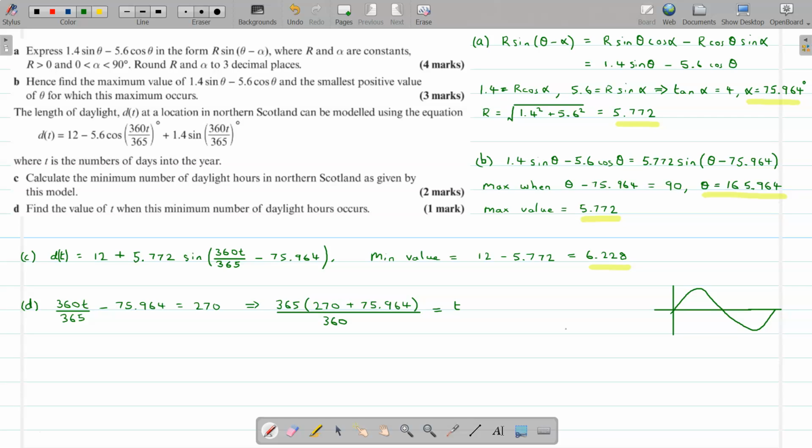Now let's see what that comes to. I'll have to put that on the calculator quickly because that's not done yet. So 365 times 270 plus 75.964, and all of that has to be divided by 360. And that comes to 350.769 days.